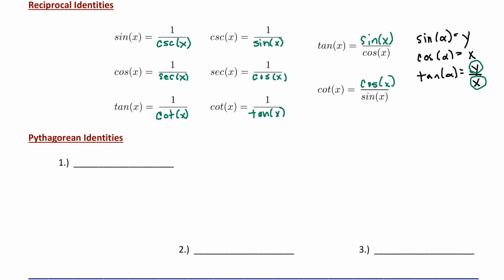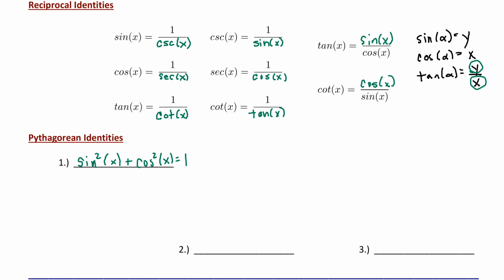You are already familiar with the first Pythagorean identity from material we covered previously. The first Pythagorean identity looks something like this: sine squared of x plus cosine squared of x equals 1.